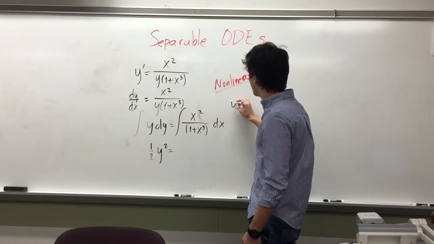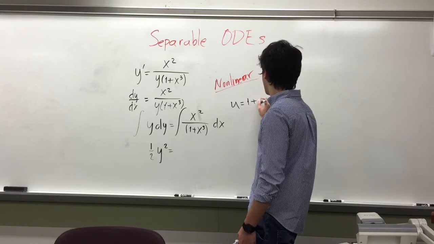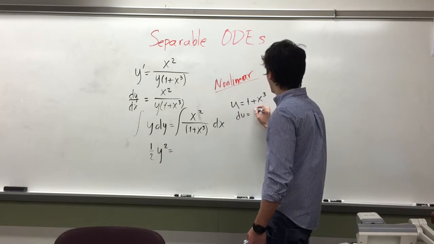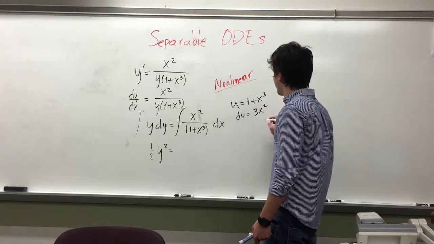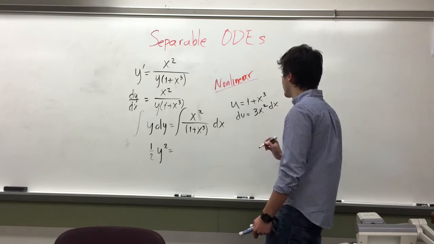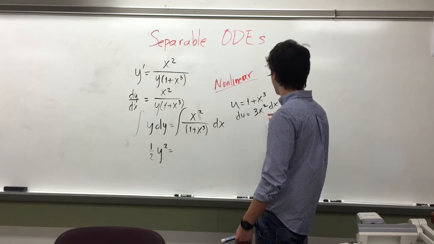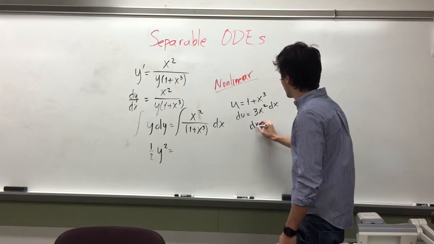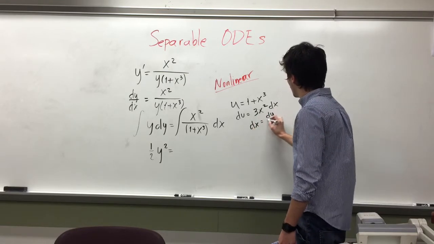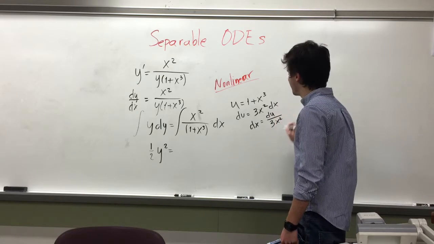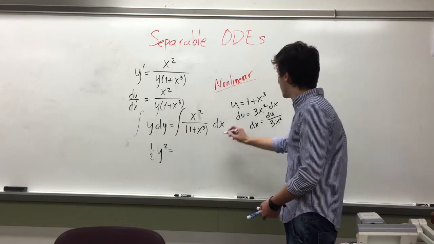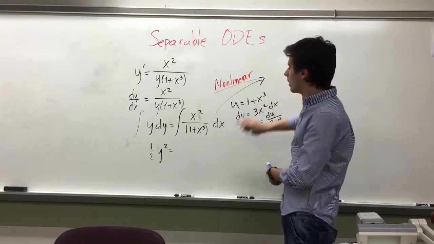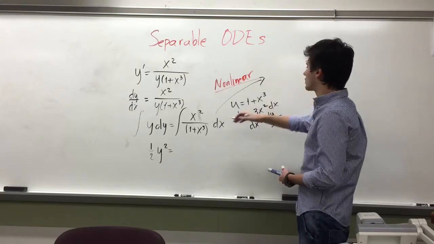So we're going to say that u is equal to 1 plus x cubed. And if you take the derivative, du, we have 3x squared times the differential dx. And the way I like to do it, I usually solve for dx, which is du over 3x squared. And if we substitute this into this integral, I'm just going to do some side work over here to solve this integral.